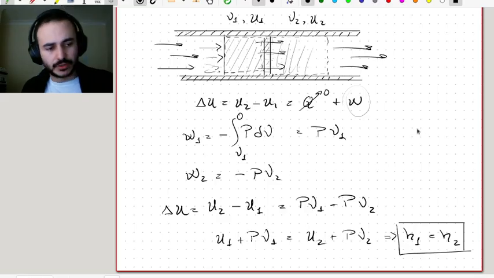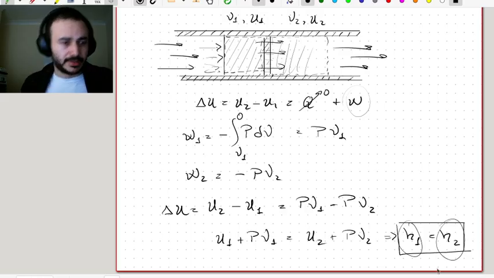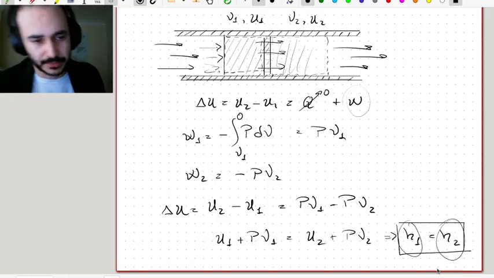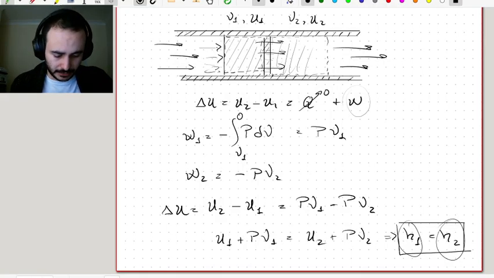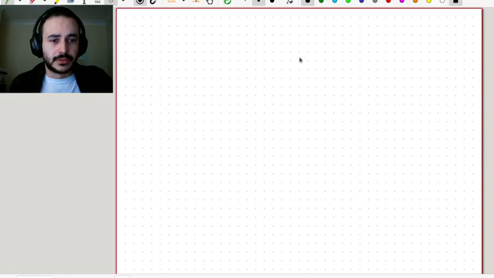So if you see that the flow is steady, but the enthalpy changes from place to place, that must be because there's some heat going into the system or going out of the system. That's why. So fine, we have just established that when you have stationary flow in a perfectly insulated system, your enthalpy doesn't change.